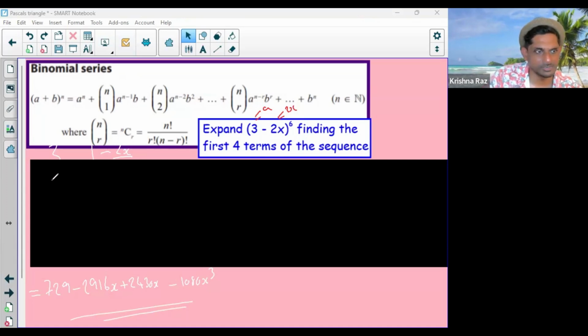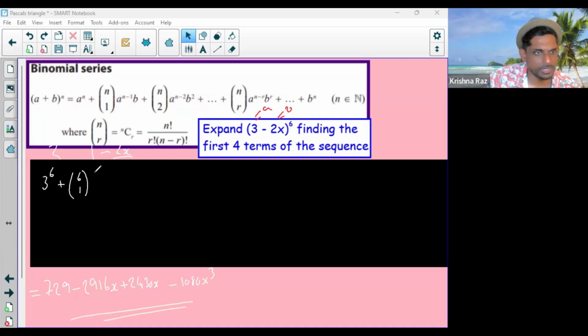So it tells us we need to type in 3 to the power of 6 plus n choose 1. So n is 6 in this case. 6 choose 1, a to the n minus 1.